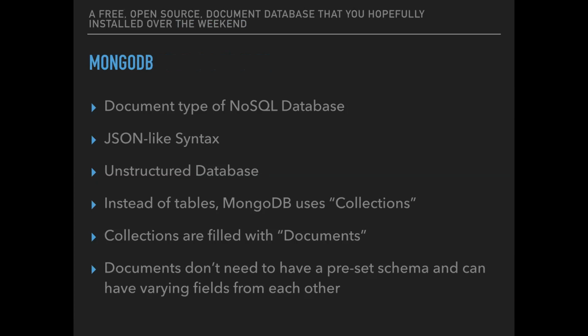And inside of the broom closet, you can throw a bunch of different documents, be that a box of paper clips or a bunch of files or some chemicals to clean the floor with. And the documents don't have preset schemas. You can make up your schema on the fly and select new and different fields for every single different document that you have, but they can go in the same collection together.